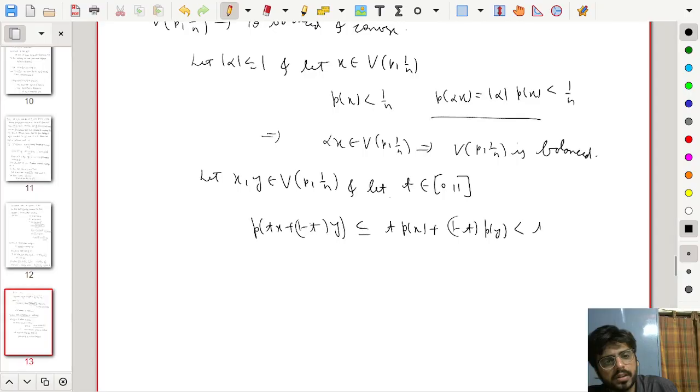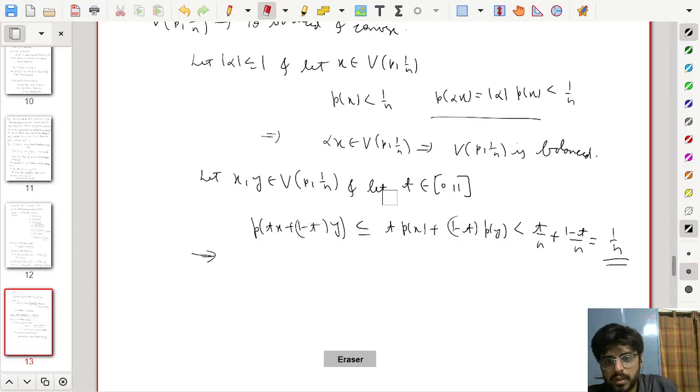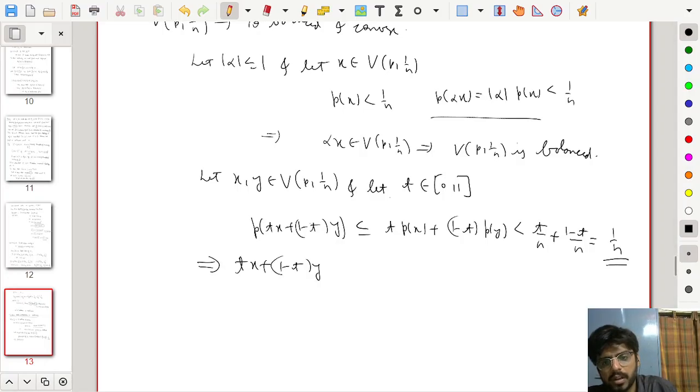This is strictly less than t/n plus (1 - t)/n, which is equal to 1/n, right? This implies tx + (1 - t)y also belongs to V_{p,1/n}. This shows that this is convex.